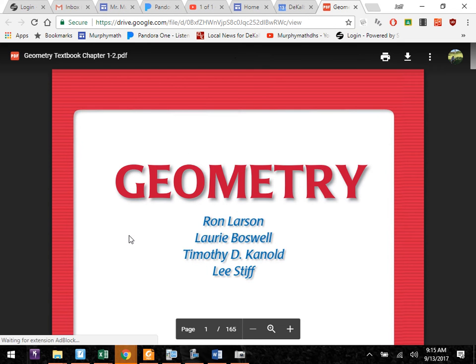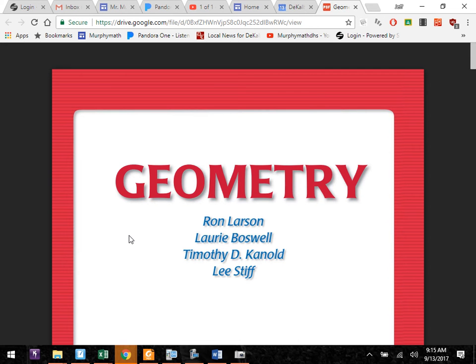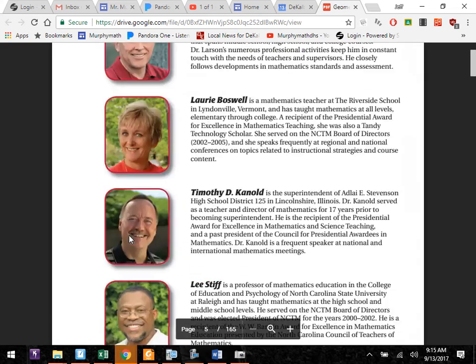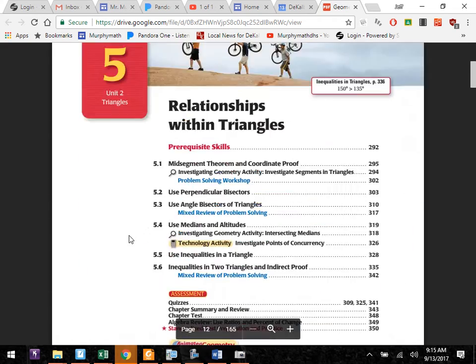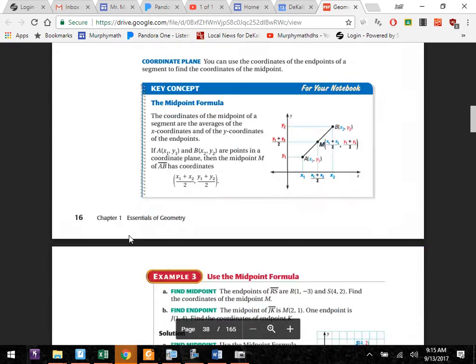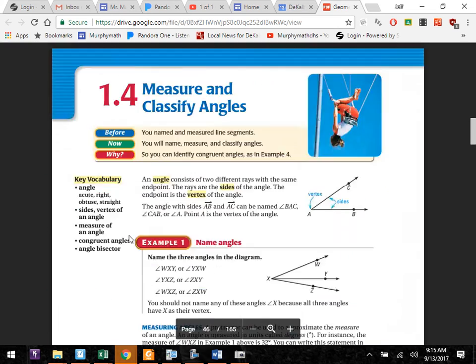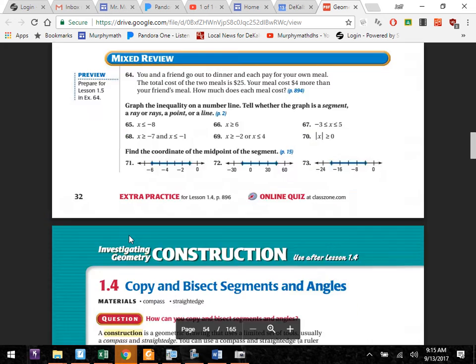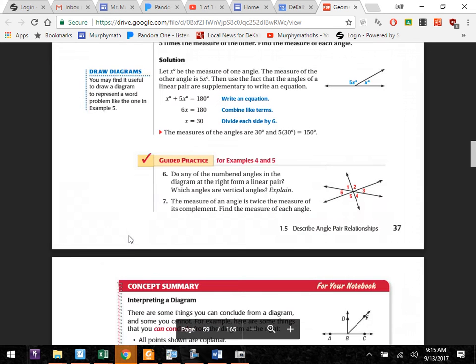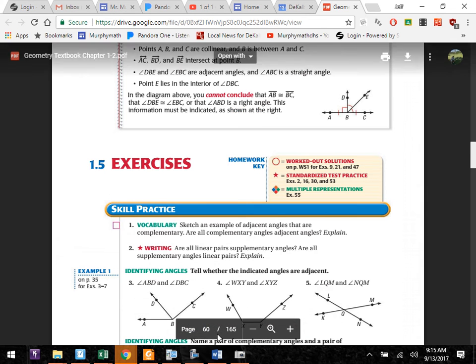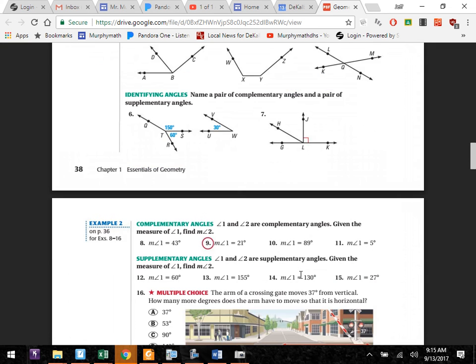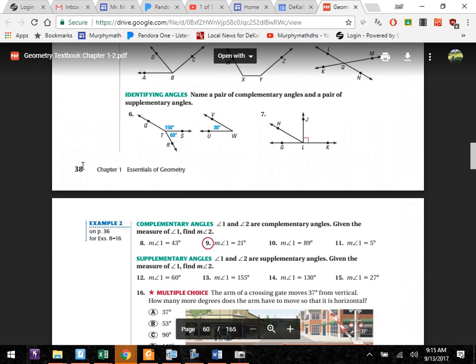Now, one of the things that is different between the PDF files of the old textbook versus what you guys are searching through nowadays is that as I scroll through here, see how my little page down here says page 9, 10, 12, and so on? If I go to where it says page 60, it's off. So the page number where it says page 60 here isn't necessarily the page number 60 here.